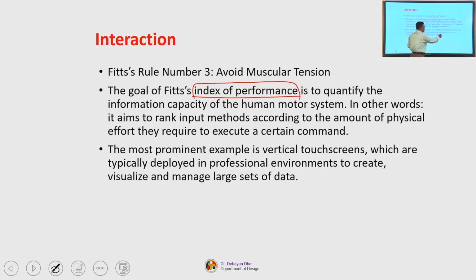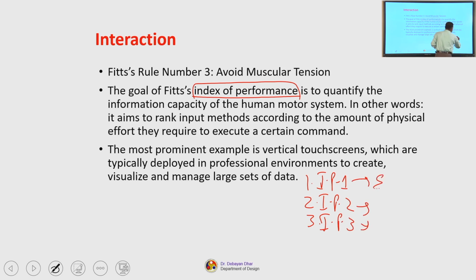So, you are ranking these input methods, input method 1, input method 2, input method 3, in terms of effort that is required. Some take less effort, some take more effort to execute the functions.